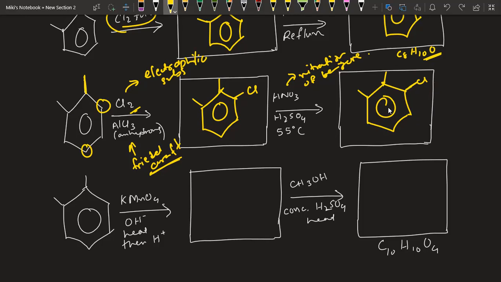Which carbon are we supposed to take as the number one carbon, the number two carbon? In this case, we say this is carbon number one, this is carbon number two, because initially the bond was over here. So if we count always rightwise, I mean clockwise, we should consider this as one, this as two.